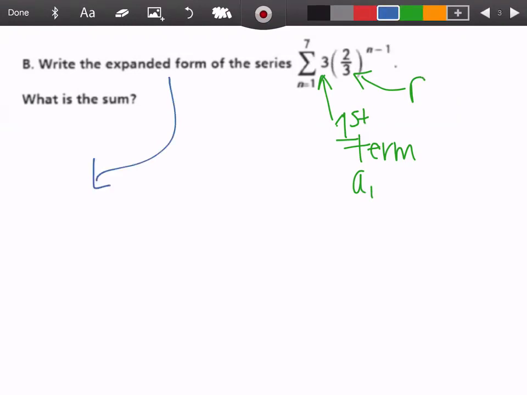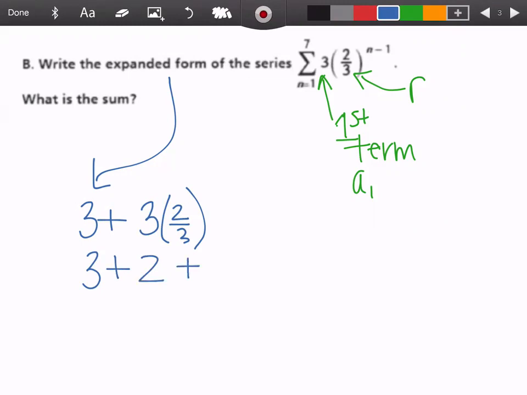The first term is a sub 1. Remember, we're doing a series, so we're going to have addition symbols in between. And then the common ratio is 2/3. So to get the next term, we take the first term times the common ratio. So that's going to be 3 plus 2.